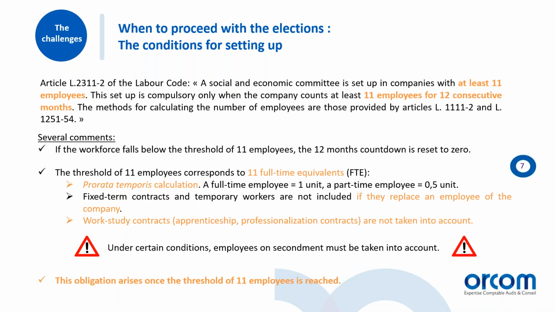Fixed-term contract and temporary workers are not included if they replace an employee of the company. And work-study contracts such as apprenticeship and professionalization contracts are not taken into account.